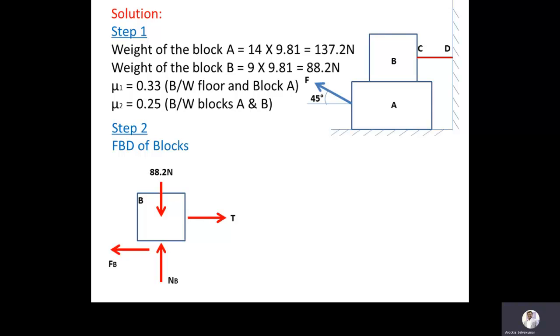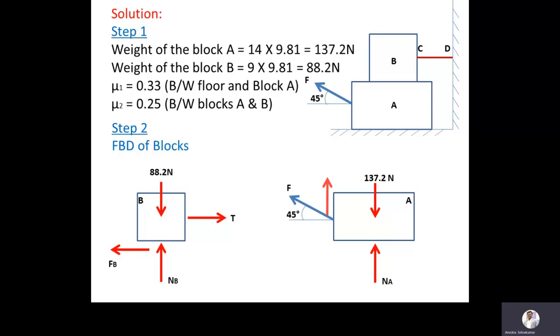Now we are moving to block A. We have the self weight of the block, that is 137.2 Newton, and the normal reaction, which I am taking as N suffix A. There is an inclined force acting at an angle of 45 degrees. This force will be divided into two components: the vertical component F sin 45 and the horizontal component F cos 45.